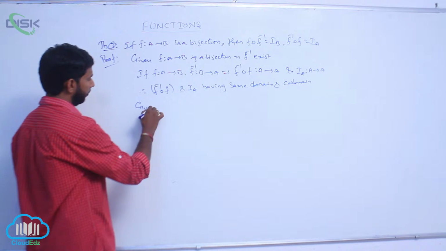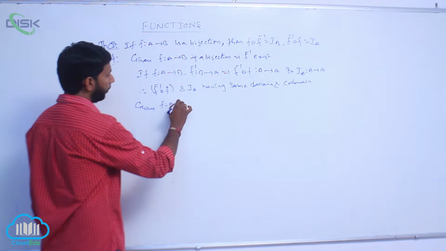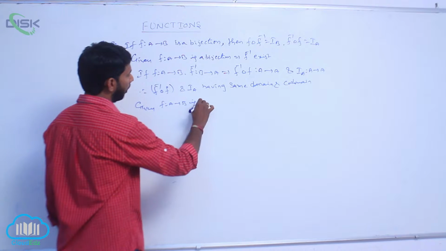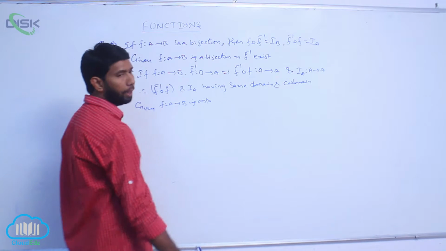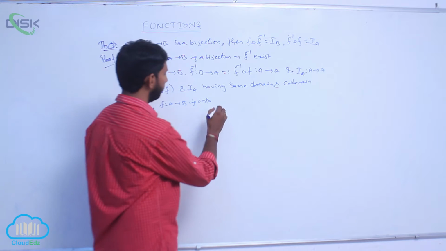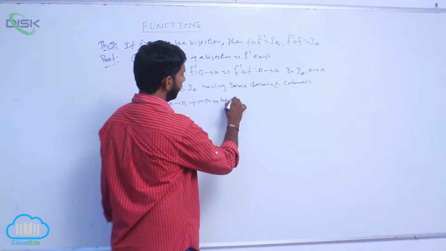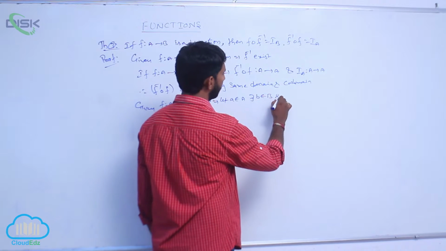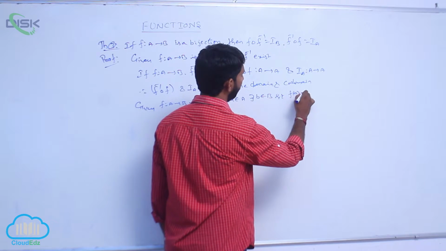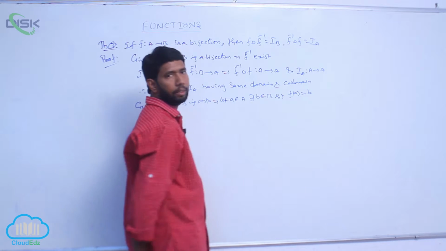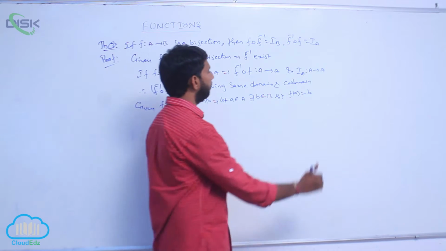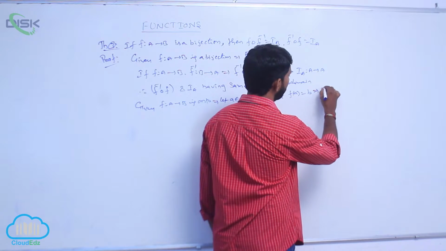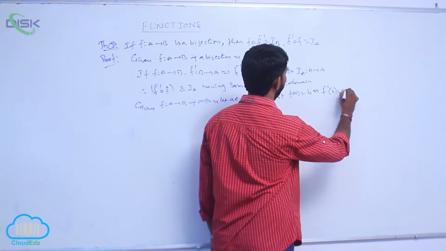Given f mapping from A to B is onto. It implies, let small a belongs to A, there exists small b belongs to B such that f of a is equal to b, that implies f inverse of b is equal to a.